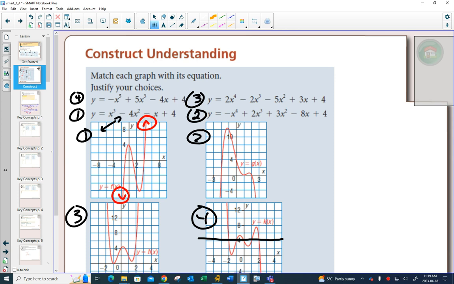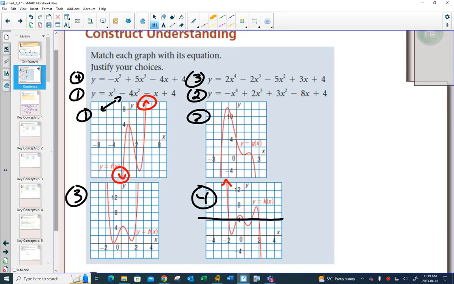For the other odd one, x to the 5, its end behavior is here and here, and it acts just like a line that was going down. And the key to seeing which way it's going to be, which line is it going to be, is all based on the leading coefficient.